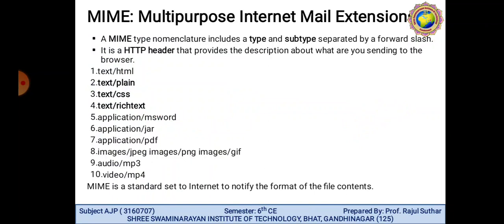What do you mean by MIME? Multi-purpose Internet Mail Extension. A MIME type includes the type and subtype separated by a forward slash. It is the HTTP header that provides a description of what you are sending to the browser.